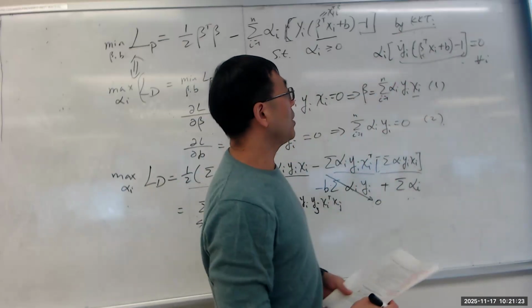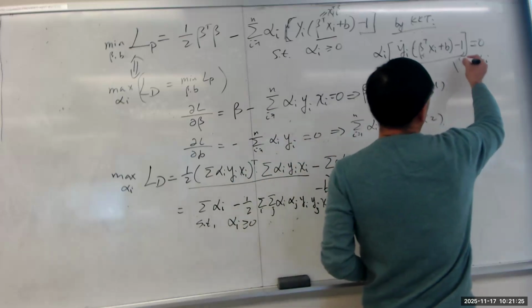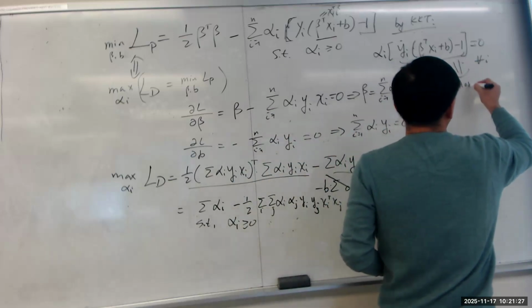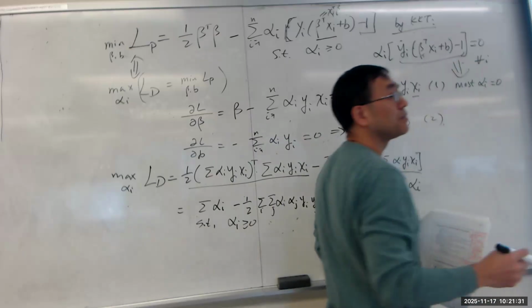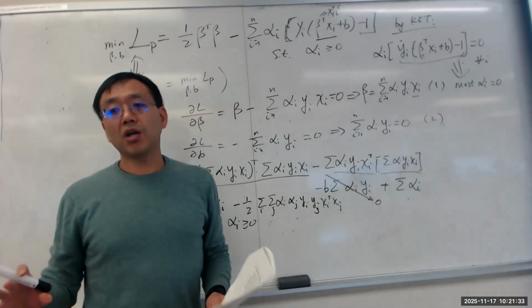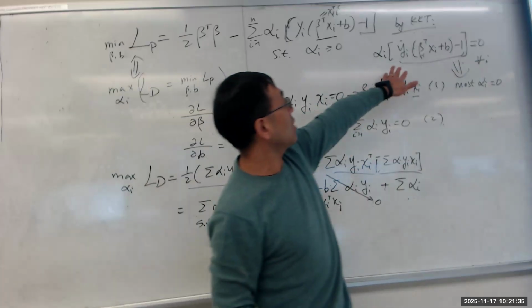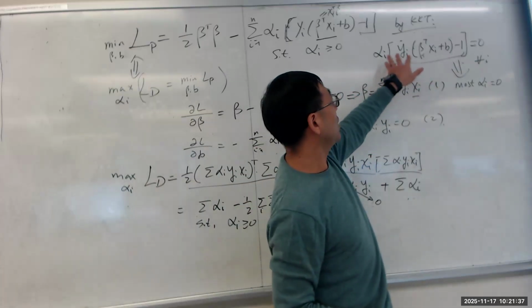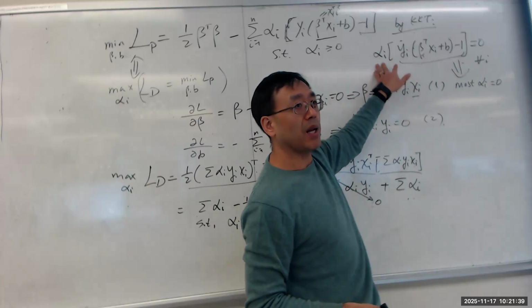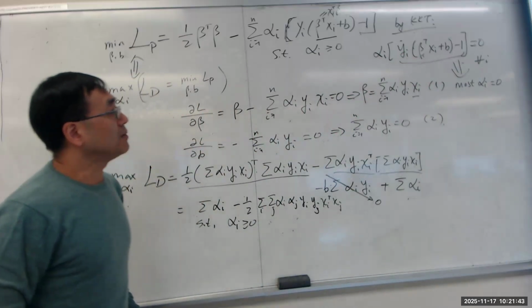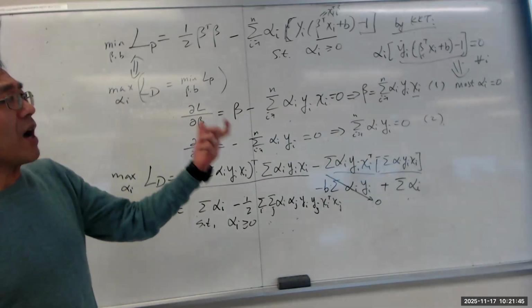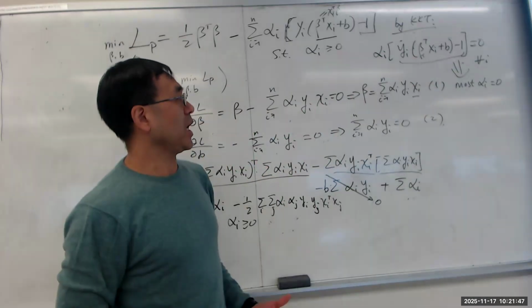Therefore most alpha_i's are going to be 0, because the majority of points are not on the boundary, so their corresponding Lagrange multiplier has to be 0.